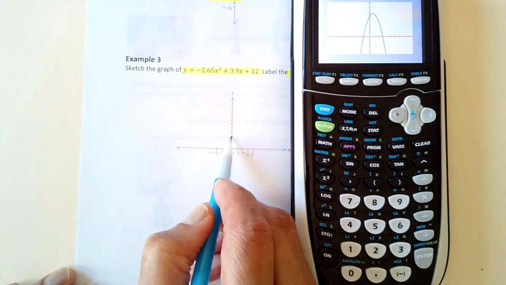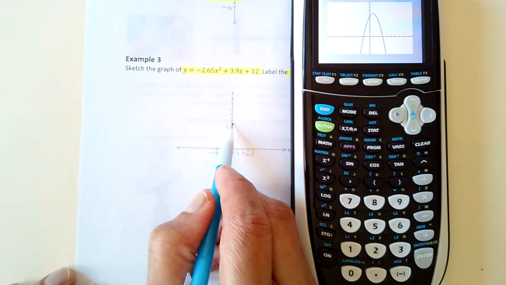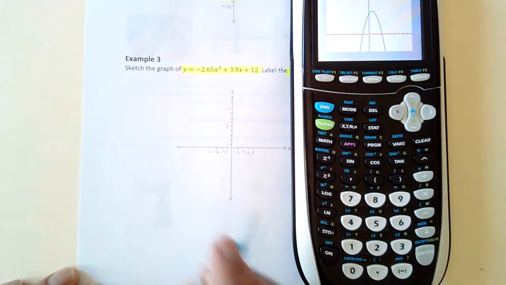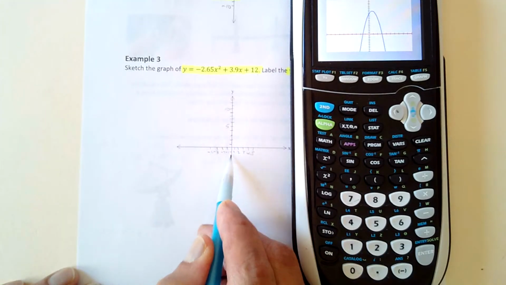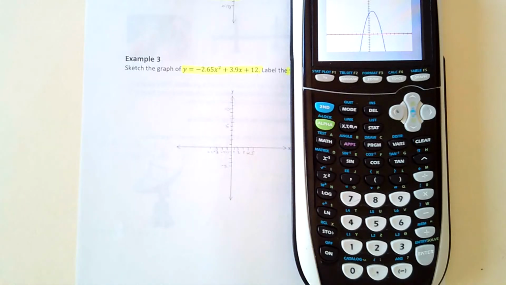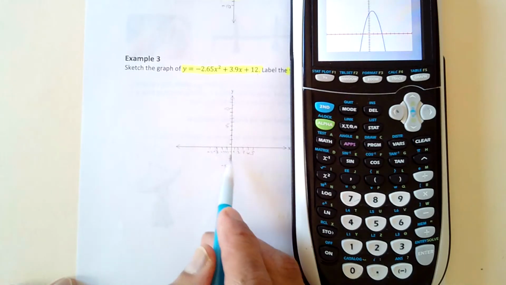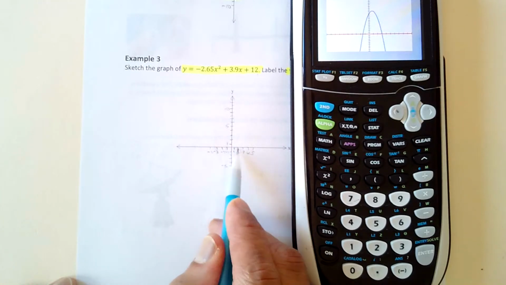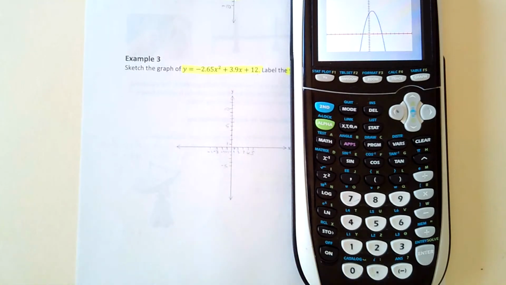So 10. And then the same thing at the bottom here. -5. You don't have to have a complete scale. As long as you indicate the first one, what the scale is, 1 here, 2, that's sufficient.